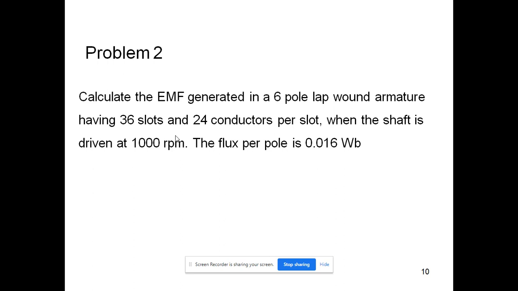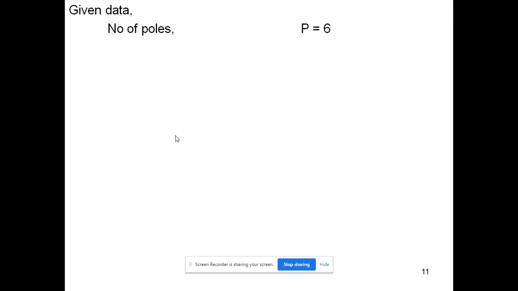Here we have to find the EMF generated, and the given data is the number of poles, which is represented by P, and it is given as 6.